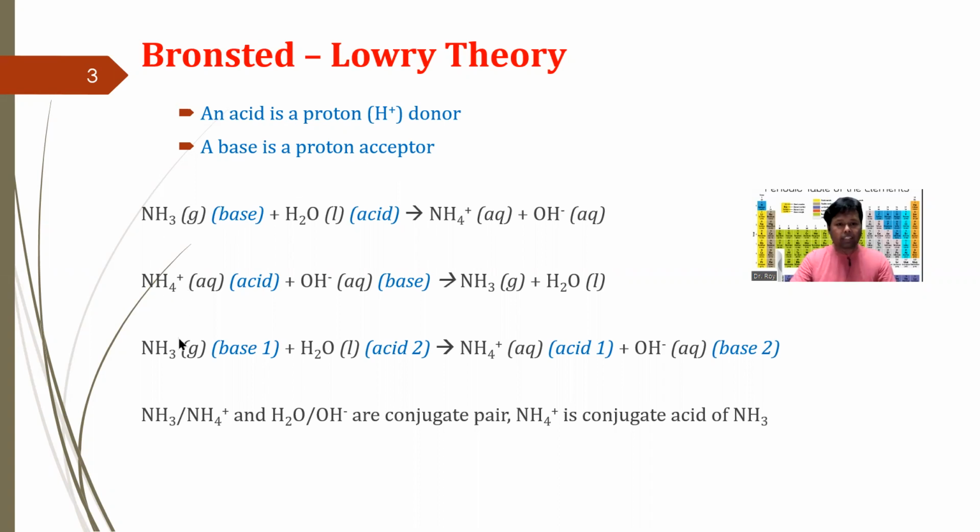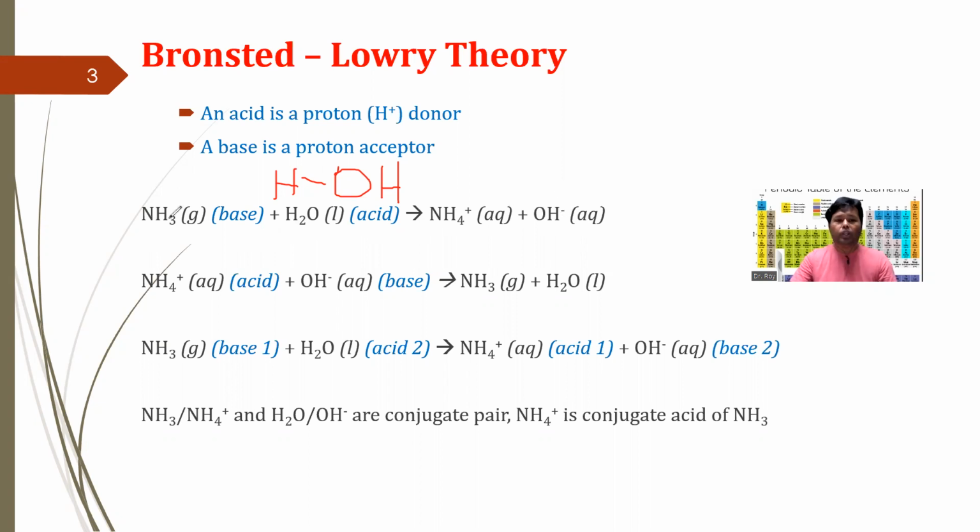Here you can see, if we consider NH3, NH3 is a base and water can be considered as an acid. We can write water as H and OH. This hydrogen can be donated as a proton to this NH3. In that case it will be NH4 plus, and the rest of it, OH, will remain.